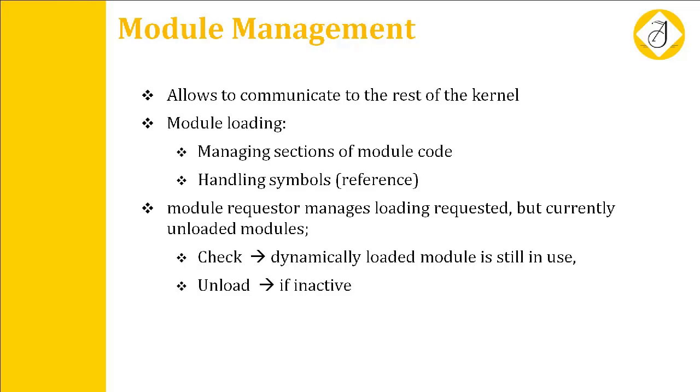So one module can communicate with another kernel module. And this module loading is split into two separate sections. Number one is managing sections and number two is handling symbols. So what are managing sections? The managing sections of the module code in kernel memory, and the handling symbols that modules are allowed to make reference to.